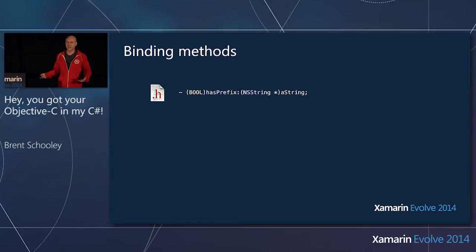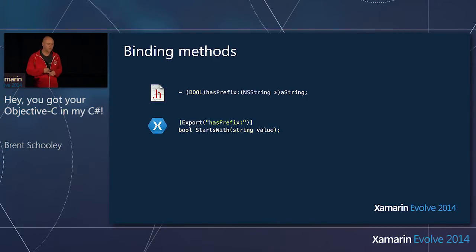And it's called hasPrefix and takes one parameter, and that's a string. So note the hasPrefix colon: that is the name of the Objective-C method, of the selector, if we're being exact. That colon is important, and you need to keep in mind the colons as you move to API definitions.cs.